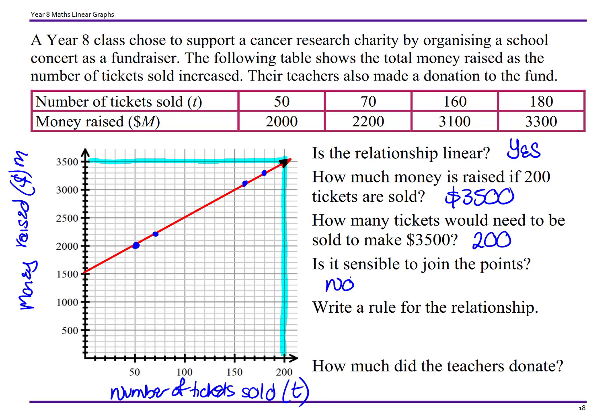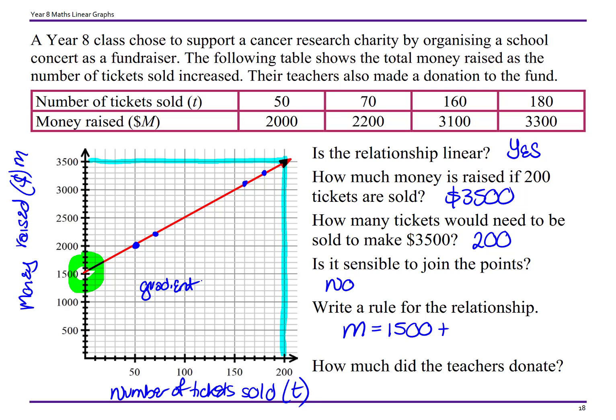Write a rule for the relationship. What's our initial value? Our initial value is here, so that's our 1500. So when we're writing our relationship, the money raised, M, is going to equal the initial amount, which is 1500, plus how much it is costing per ticket. I'm going to do my gradient over here, so I don't have a lot of room.